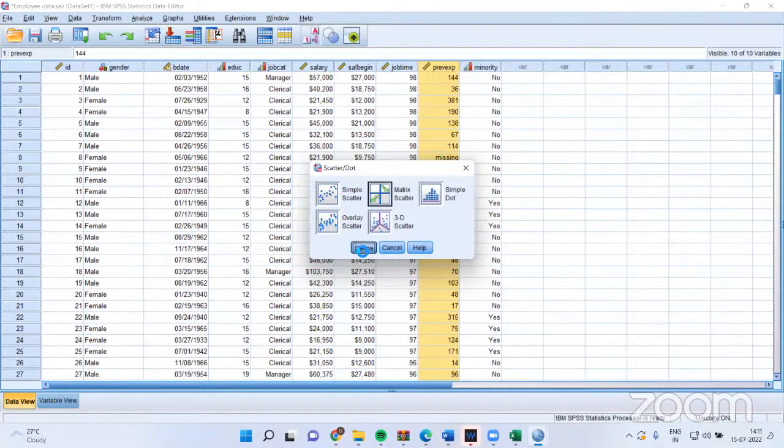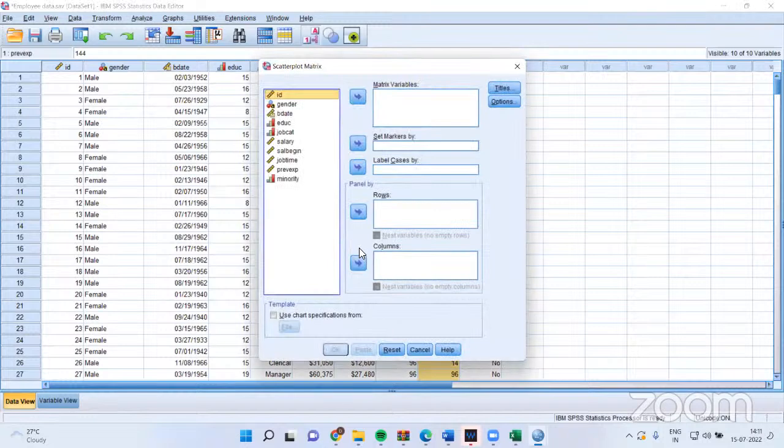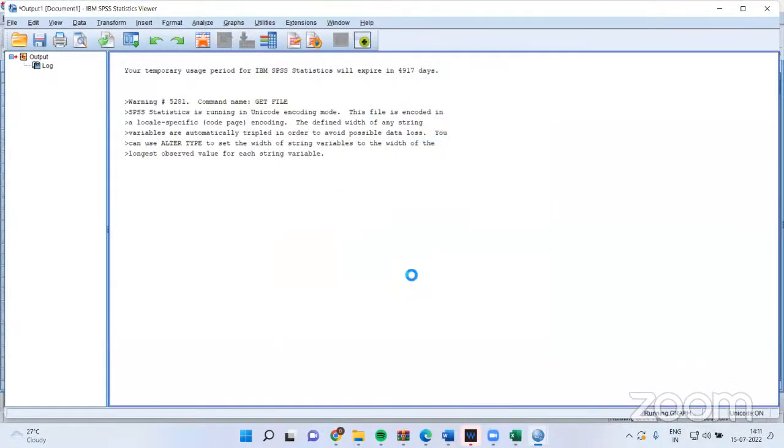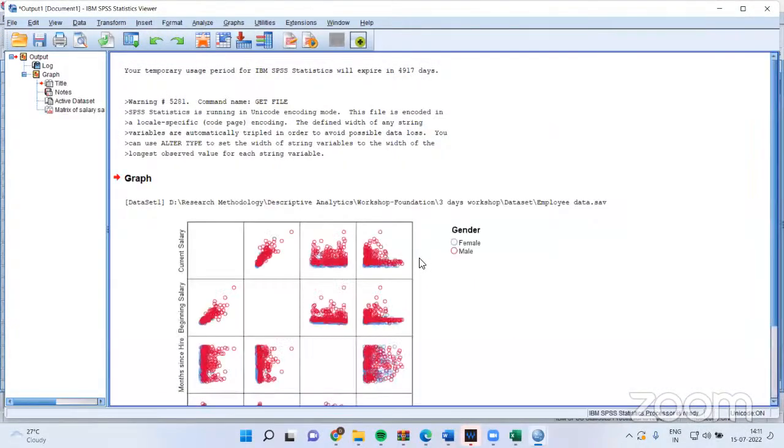Click define. Now you can include all the continuous variables for the representation. If you want, you can also set markers by gender. Click OK, and you will get the matrix.